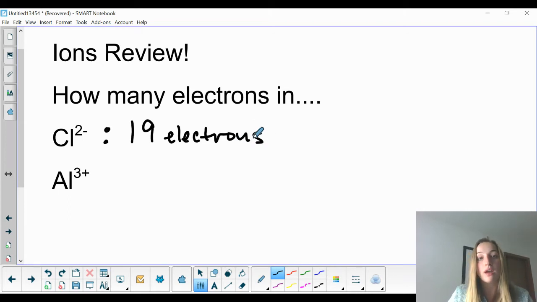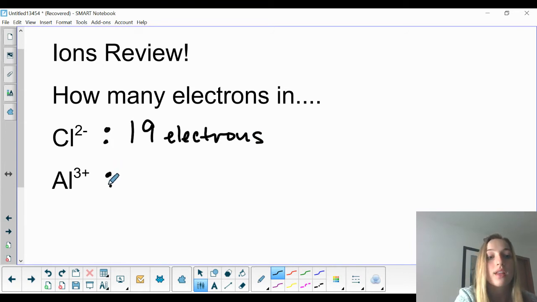In our aluminum with a +3 charge, this means we're going to have more protons. We're going to have 3 more protons than we do electrons. So again, taking a look at our periodic table, aluminum has 13 electrons, 13 protons when it's neutral.